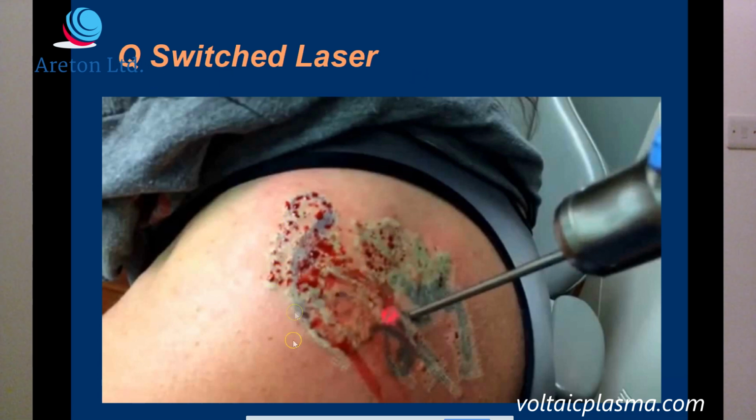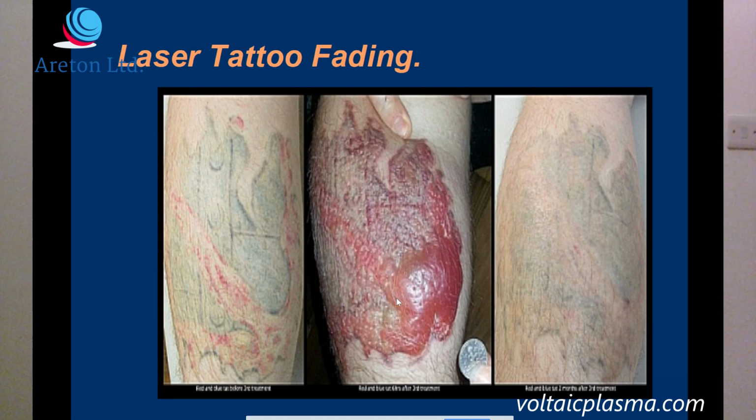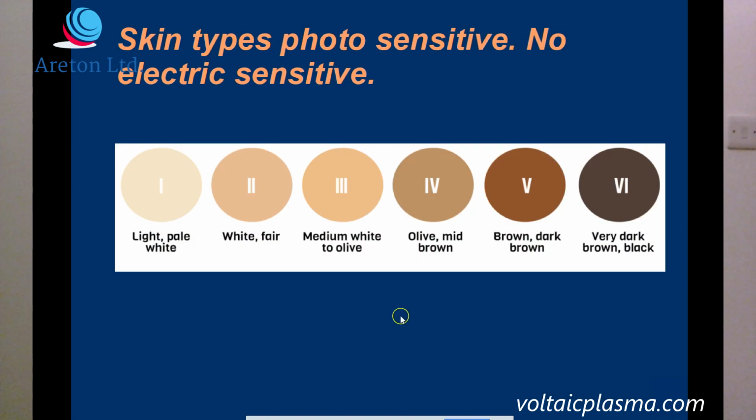A Q-switch laser can cause bleeding during the treatment, which is nothing to be worried about. It's just something that happens every now and then. So the treatment can cause bleeding immediately. And this is the effect of laser tattoo removal, which causes swelling after 1 day, 24 hours, or 2 days, which goes away.